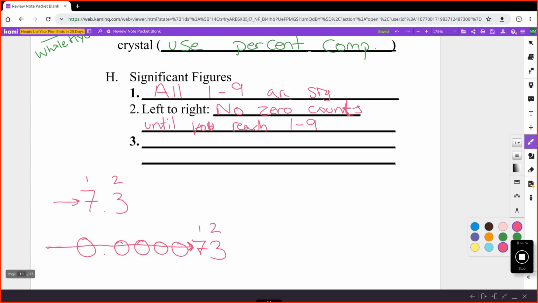And the last part of this is final zeros only count if there is a decimal point.